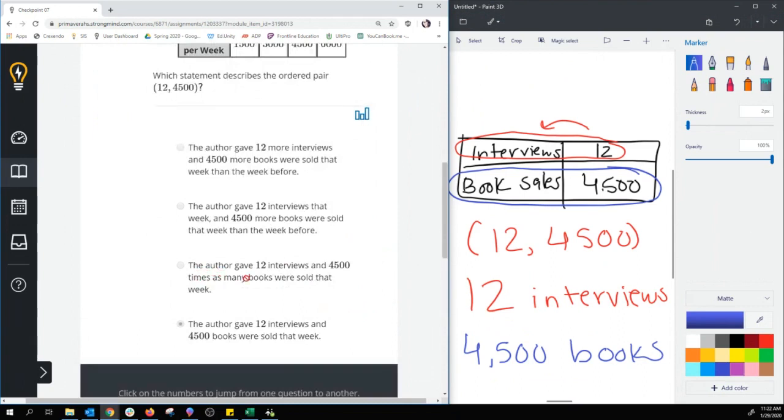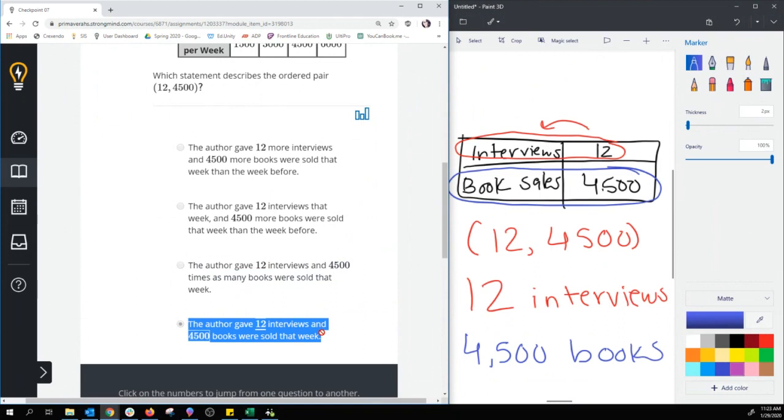The third one says the author gave 12 interviews and 4,500 times as many books were sold that week. The wording of this one, 4,500 times as many, I still don't know how many books were sold before she did these 12 interviews, so this one also can't be right. So it looks like this bottom one here, the author gave 12 interviews and 4,500 books were sold that week.